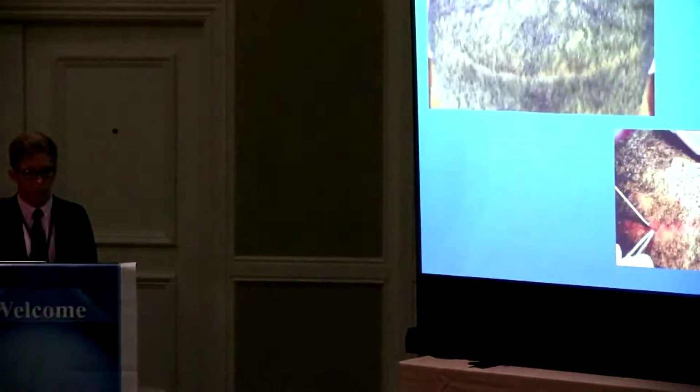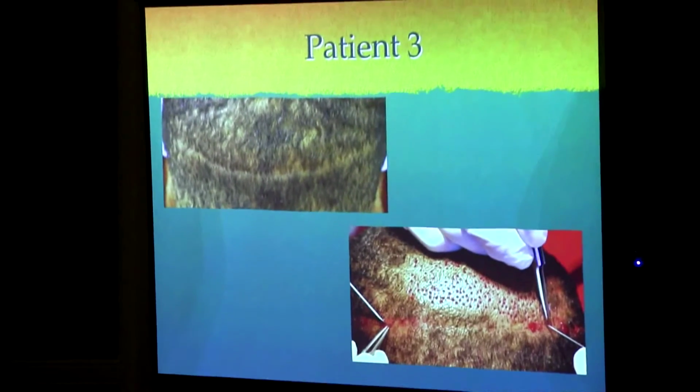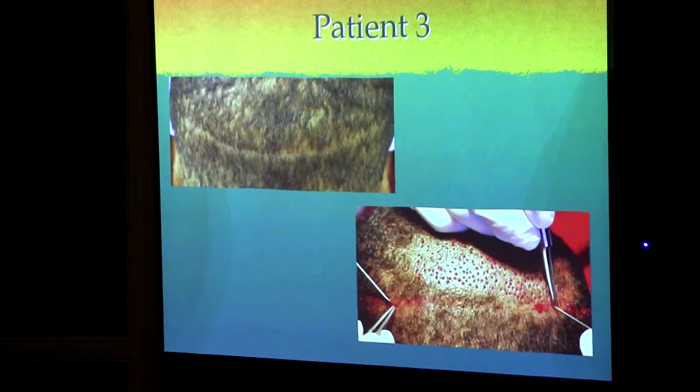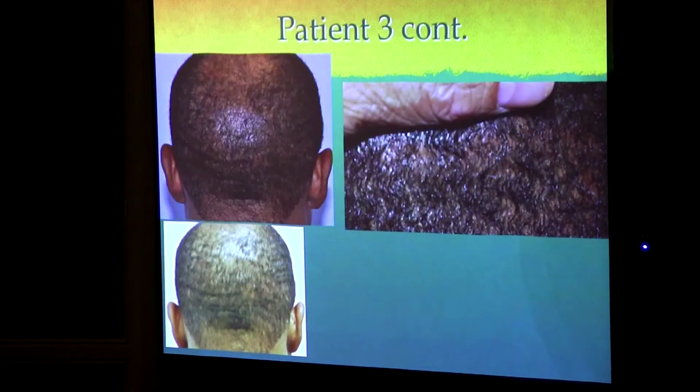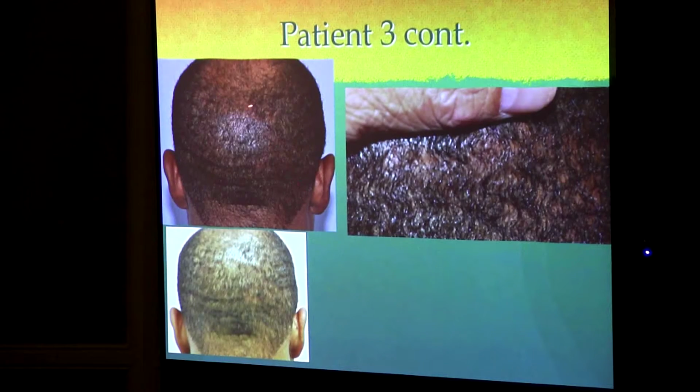You can see the graft shed completely, and then here's his picture at 10 months, showing good coverage of the scar. Patient 3 is a 49-year-old black male who had a hair transplant elsewhere and received a scar. We placed 500 FUE grafts into the scar, and here are his pictures at 2 years, showing excellent coverage. You can't see the scar anymore.